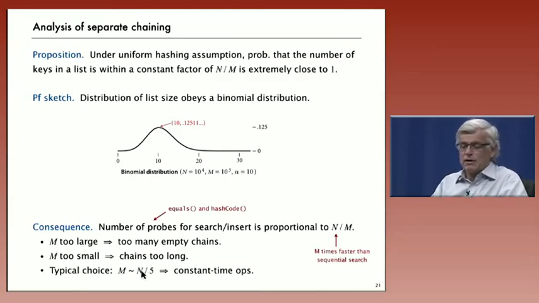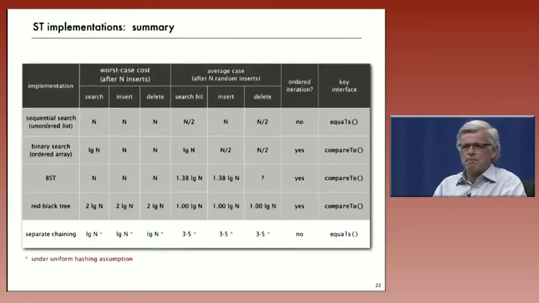You have extra space for the links to implement the linked list, but the rest of the table is not much extra space. And those are typical parameters. If you want a full service symbol table, which is going to grow from small to huge and then back down to small again, then you'd want to use array resizing to make sure that m is always within a constant factor of n. But we'll leave that detail out for now.